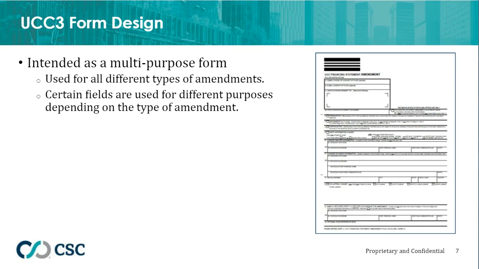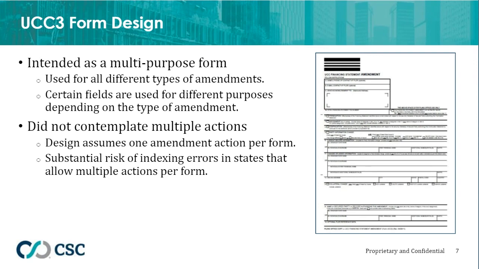The form was not designed with the intent of carrying out multiple actions. In fact, there are certain combinations of actions that do conflict with each other because they would use the same fields for different purposes.